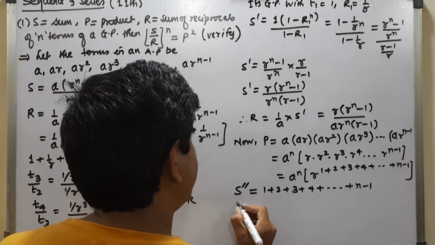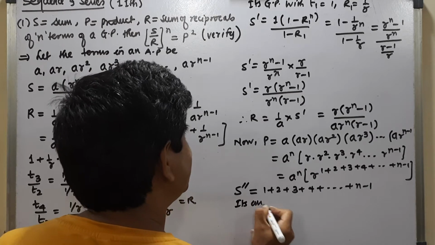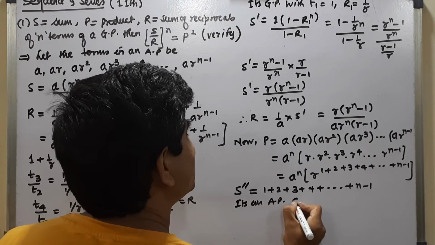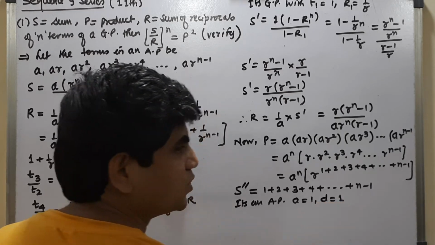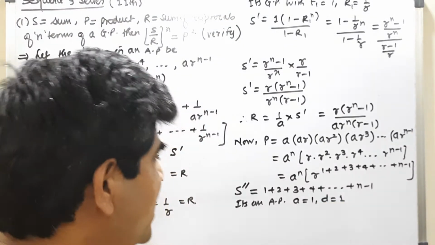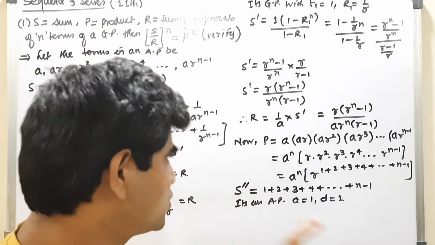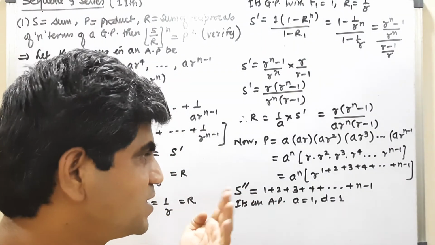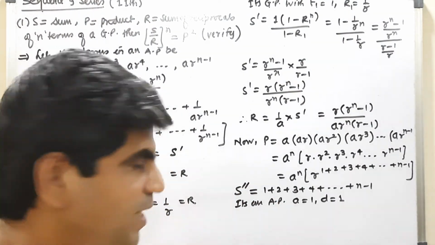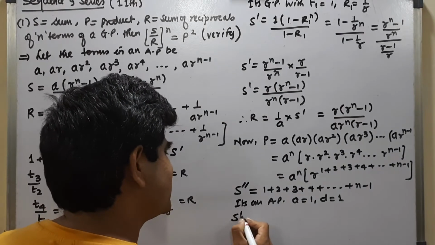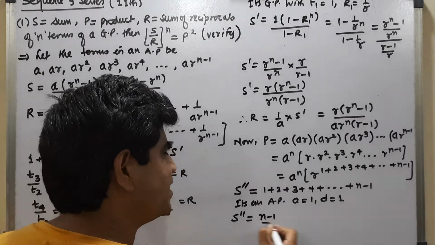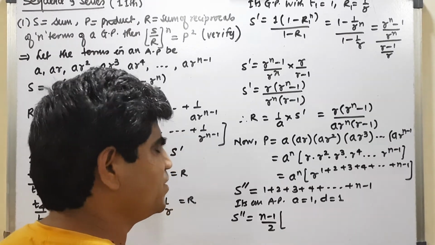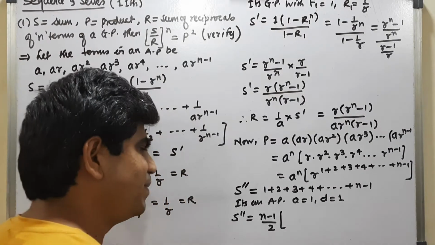So it is an AP with A equal to 1 and common difference also 1, right? A is also 1 and common difference also is 1. So the sum of n terms of an AP by formula, that is S double dash, will be n by 2.